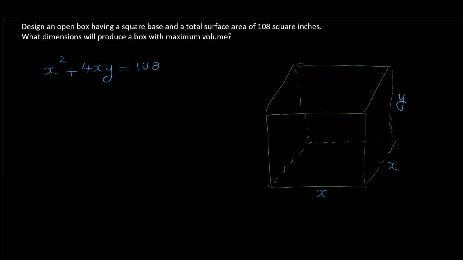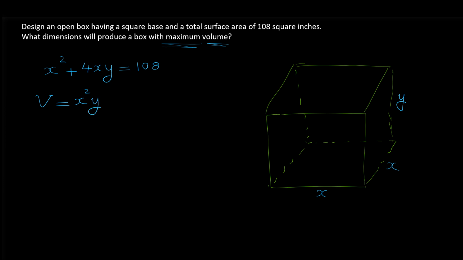Based on this constraint, we want to find the values of x and y that maximize the volume of the box. Let's suppose the volume of this box is V. The volume would be the area of the base of the box, which is x squared, times the height of the box, which we named y.